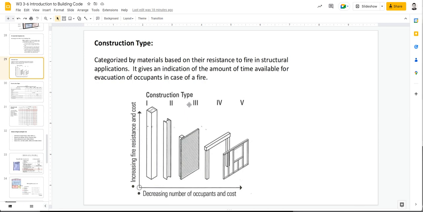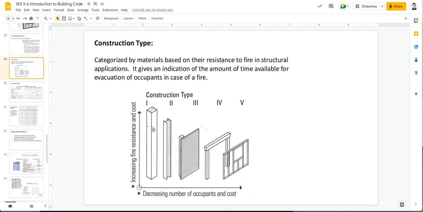Type 4, you'd be using something that's non-combustible, and type 3, type 2, and type 1 are all non-combustible. Non-combustible means that it doesn't melt or doesn't burn. It could be charred, or it could melt, but it doesn't burn. So steel, it melts, but it doesn't burn.